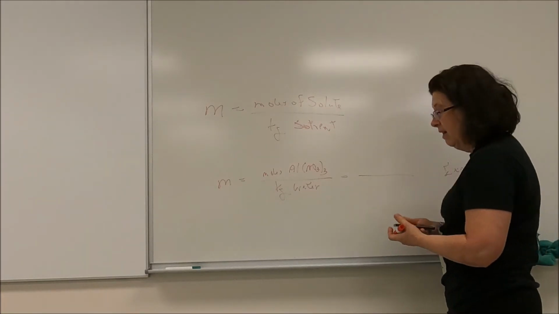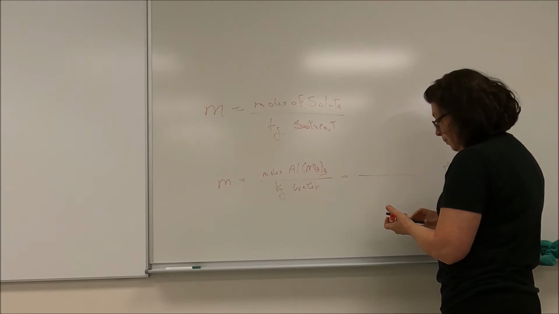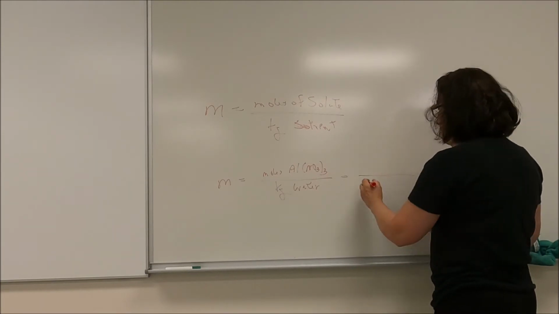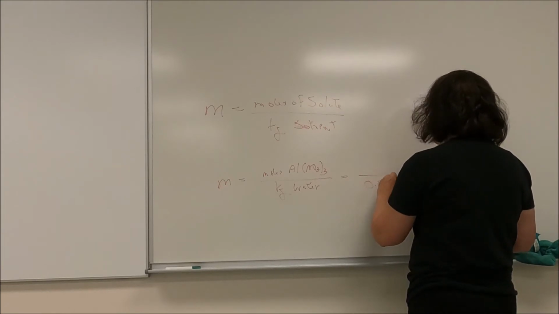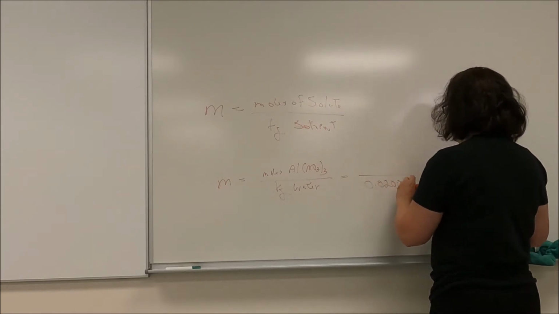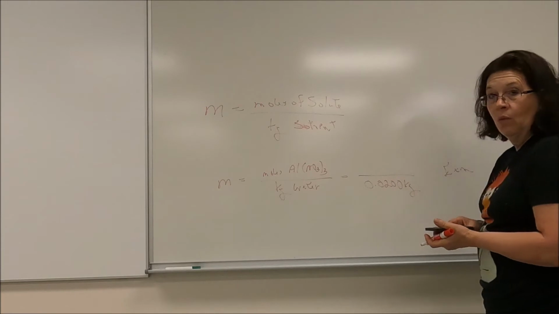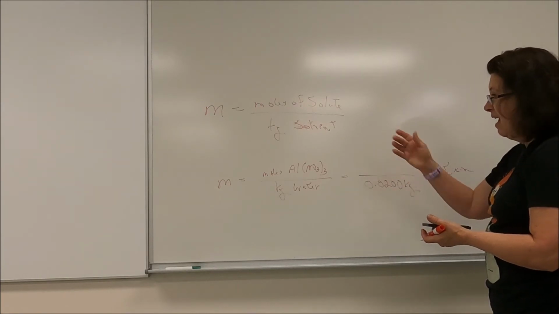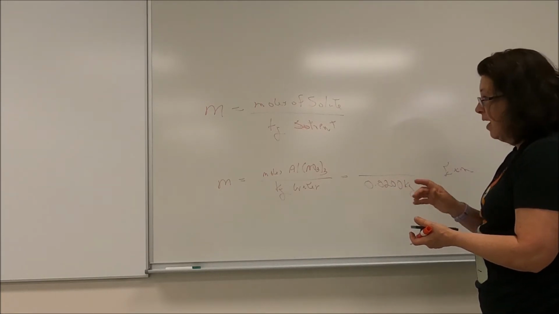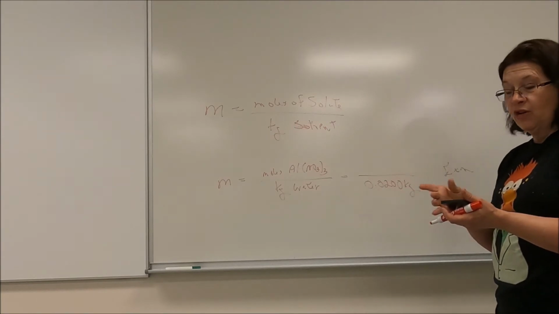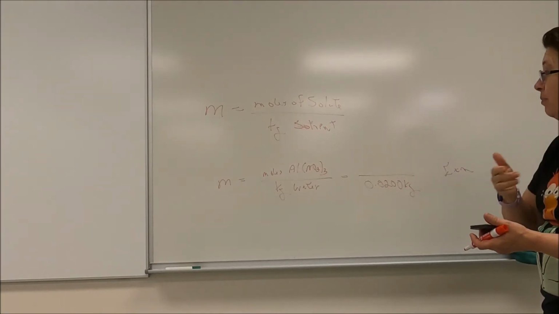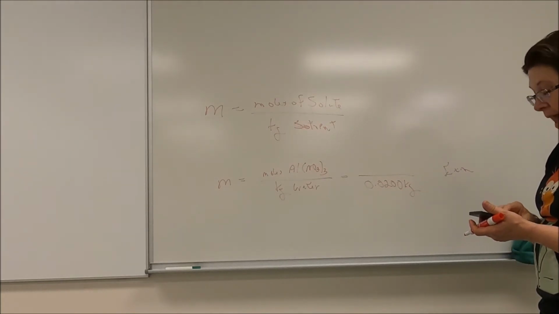Let's say we had exactly 20 grams. So 20 divided by 1,000 would give me 0.0200 kilograms of water. And let's say I had 5 grams of aluminum nitrate. Well, to get moles of aluminum nitrate, I'm going to have to get the molar mass.